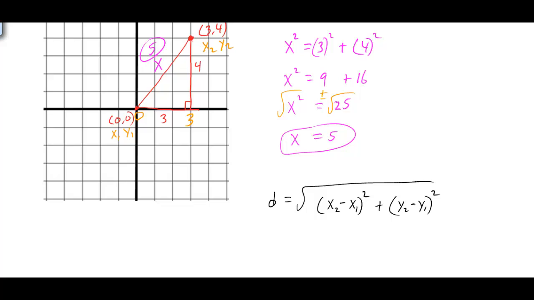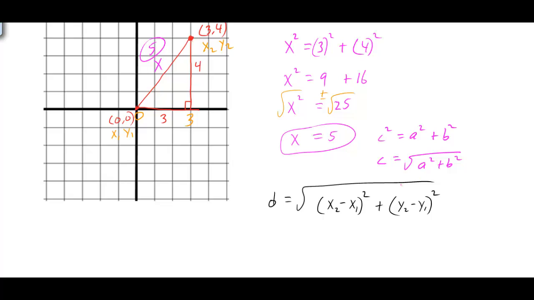And you can kind of see how this looks like our Pythagorean theorem, if we have c squared equals a squared plus b squared. And if I was to take the square root, c would be equal to the square root of a squared plus b squared.